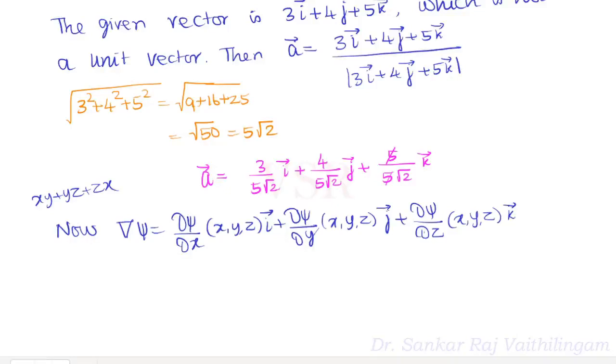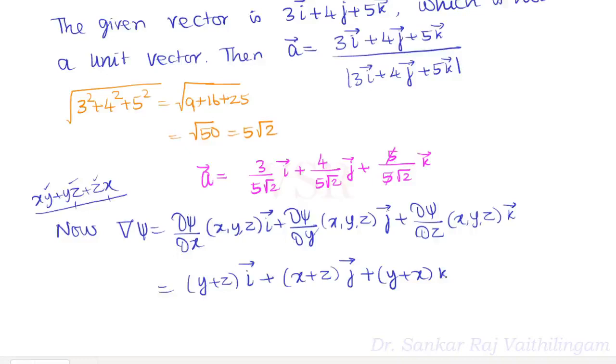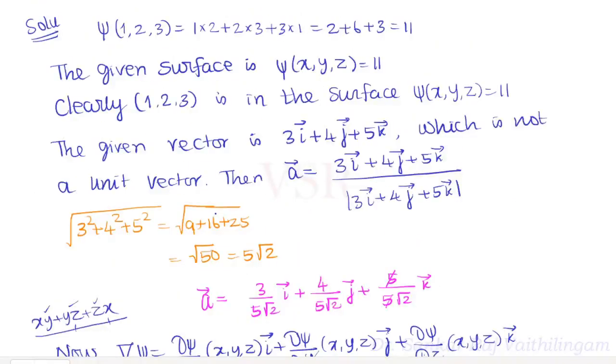Differentiating with respect to x gives y plus z into i vector, with respect to y gives x plus z into j vector, and with respect to z gives y plus x into k vector. This is del psi, which we have to calculate at the point 1 2 3.